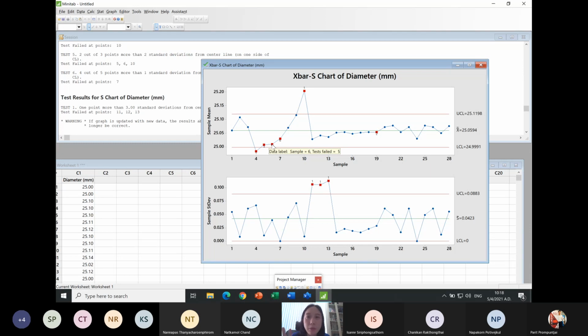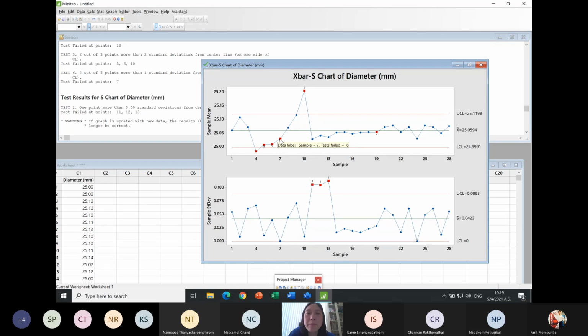Move next to subgroup number 7. Test fail is number 6, right? So what is rule number 6? Napakorn, could you please help? 4 out of 5 in zone B or beyond.